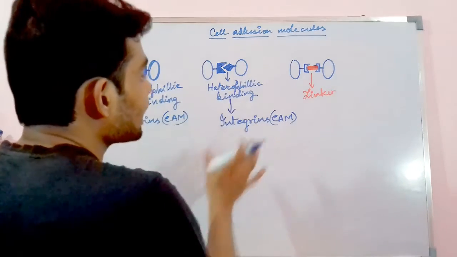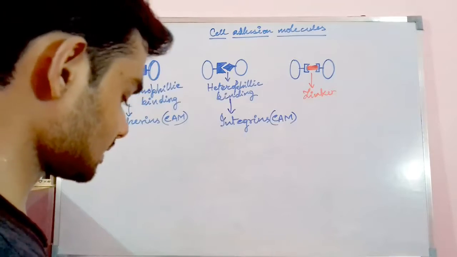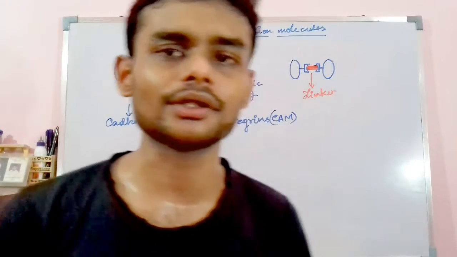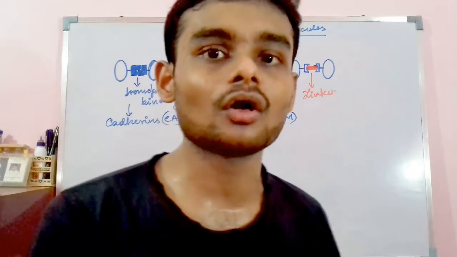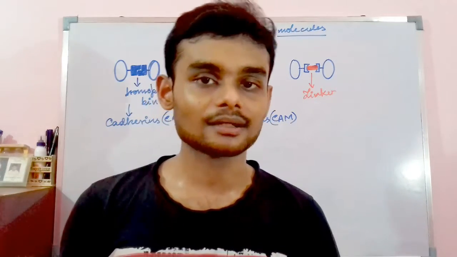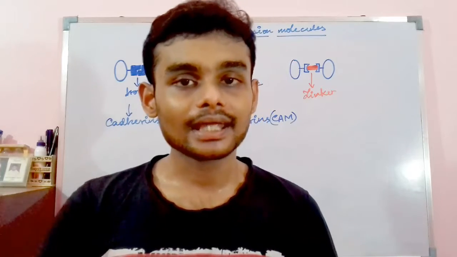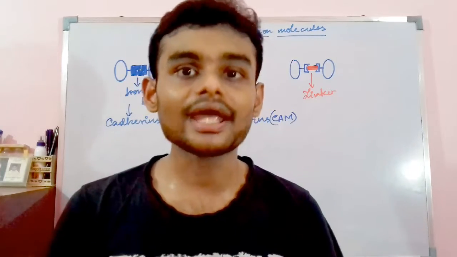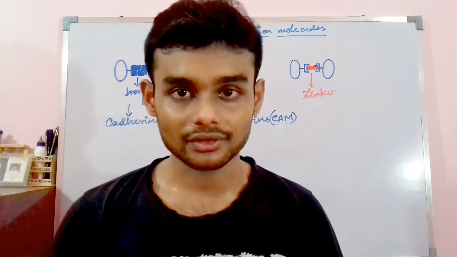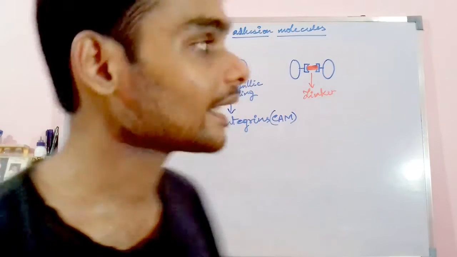Now this particular integrin molecule, and the cell adhesion molecule in general, is a kind of protein molecule which helps in binding the physical contact between two cells, so that one cell might communicate with another cell and convey the message or signal from one cell to another, in case of any transduction pathway or any stimulation.